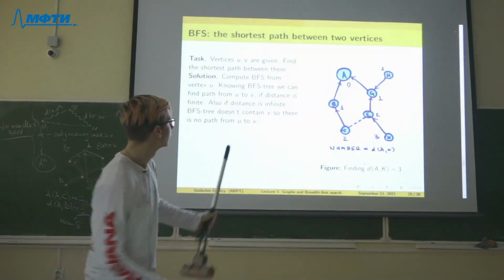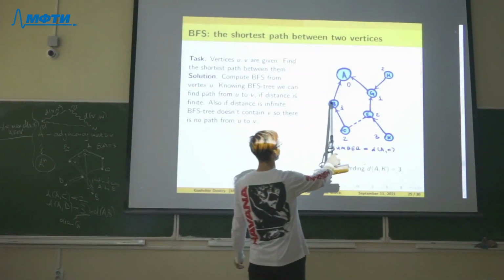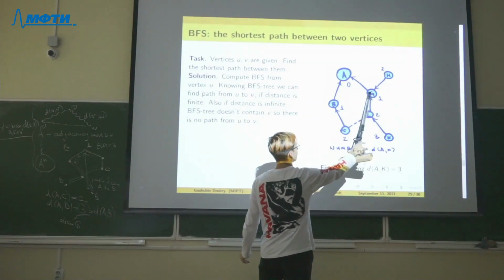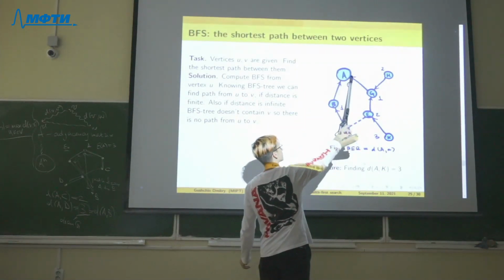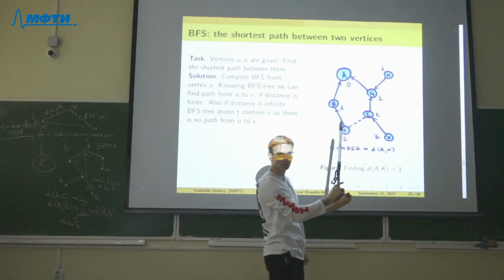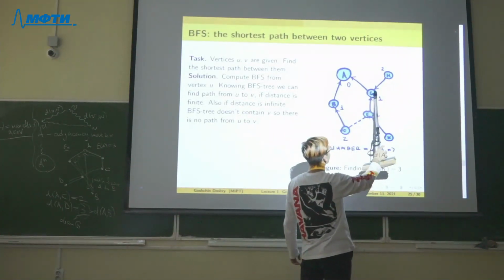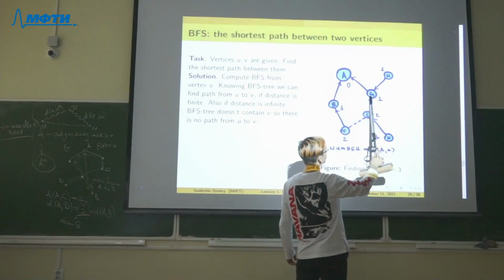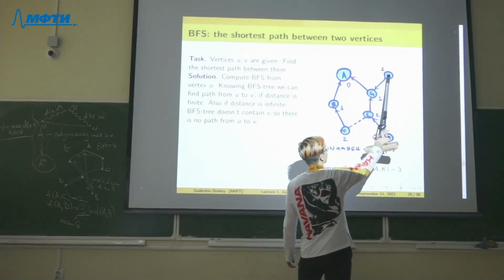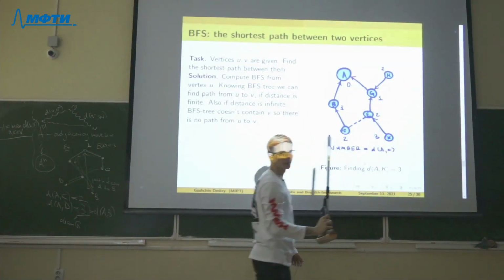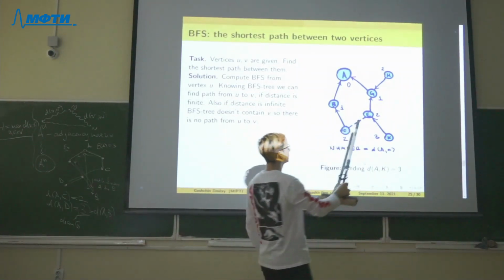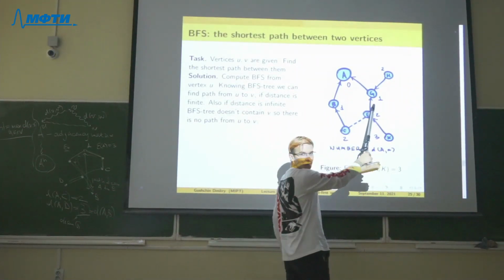For example, for these two vertices, we say that the start vertex is the parent, okay? And then when we repeat our cycle for this vertex, we say this and these vertices have parent equal to this vertex, okay?